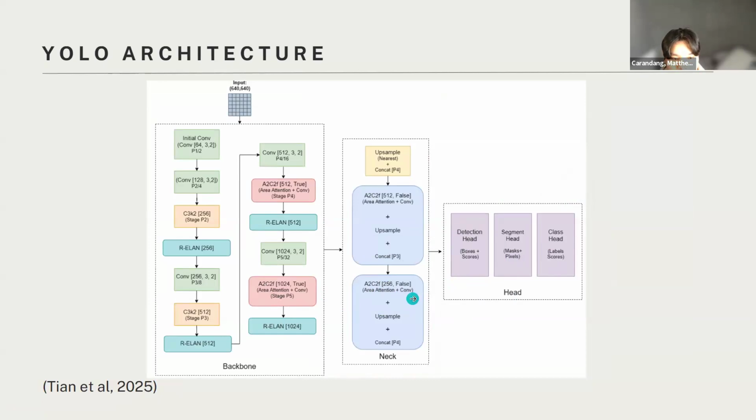Generally, this is the backbone, which extracts features from the image itself. After the feature maps are generated, they go into the neck. The neck recombines the feature maps from the backbone. Notice the upsample and concat blocks. It takes high resolution features, which are good for small objects, and low resolution features that are good for context, and fuses them together.